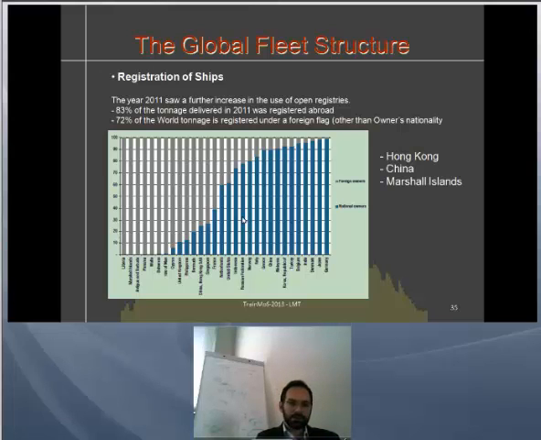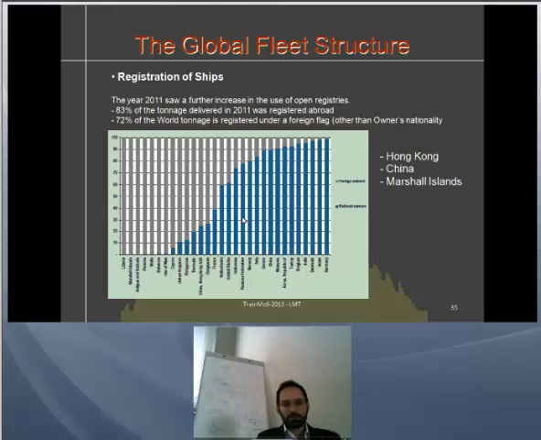Open registers are flag states that actually provide registration of ships in favorable conditions and also tax conditions, like Liberia or Marshall Islands or Panama, for example.